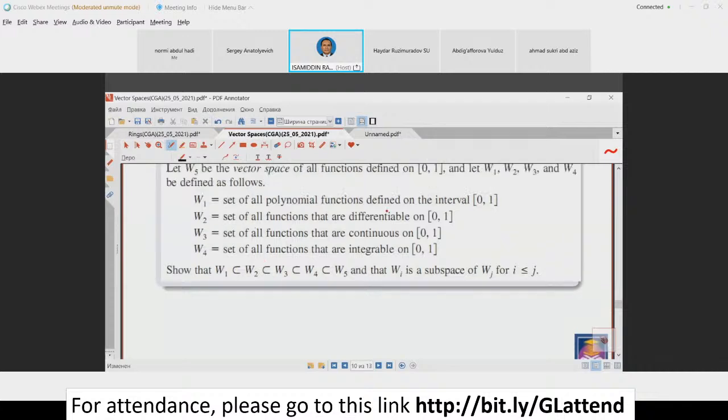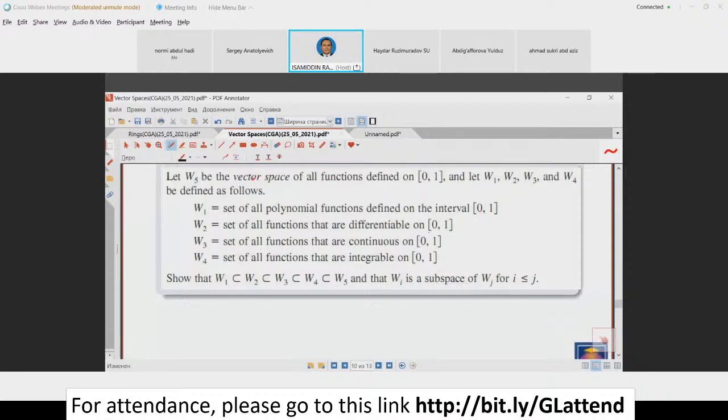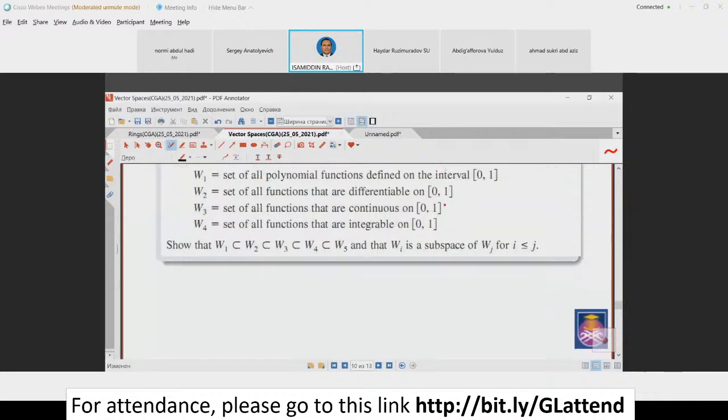Any polynomial is differentiable, then it is continuous and it is integrable. Any differentiable function is continuous, and any continuous function on this closed interval is integrable. Then all of them are functions on this closed interval [0, 1].